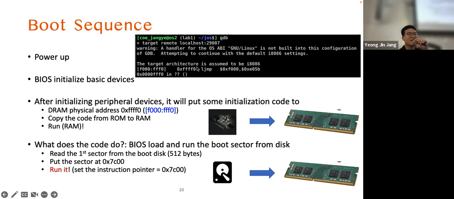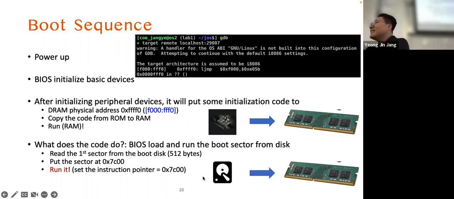The reason for this is that QEMU's virtual BIOS is operating the same way as the hardware BIOS does. That's why it is stopped there. If you follow the code starting from here, you will see that it reads the first sector from the disk, the so-called boot sector, puts that onto another specific address, 7C00, and then runs it.